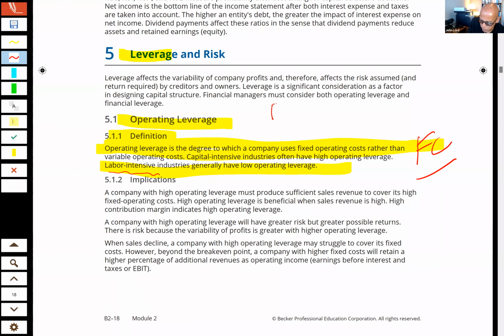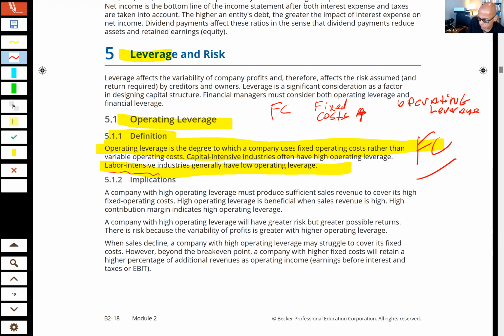Why don't we go ahead? We can do that. Flashcard: fixed cost. And what leverage? Operating leverage. We can put over here. Fixed costs are up.